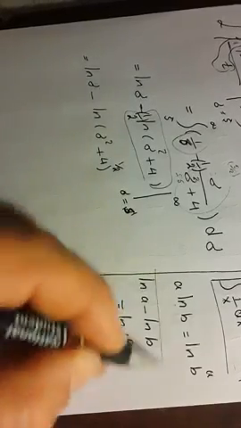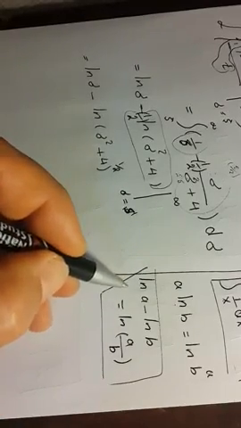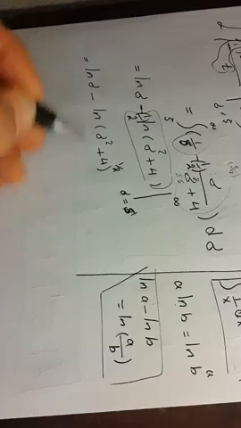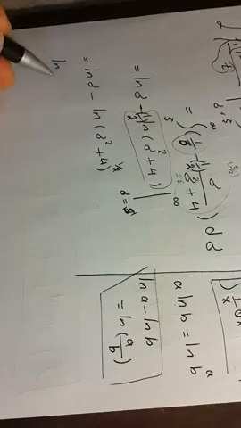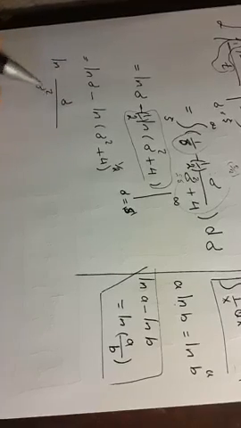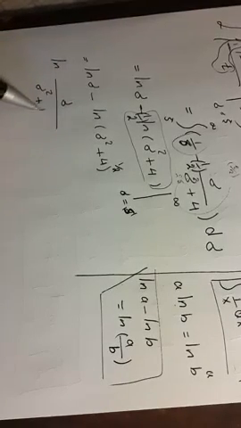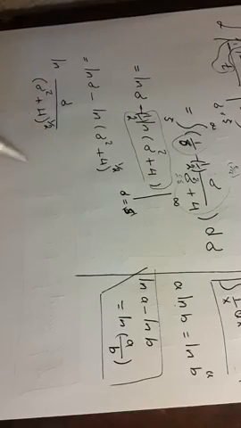So I'm going to use this property on this part: ln of sigma over sigma square plus 4 to the power half.